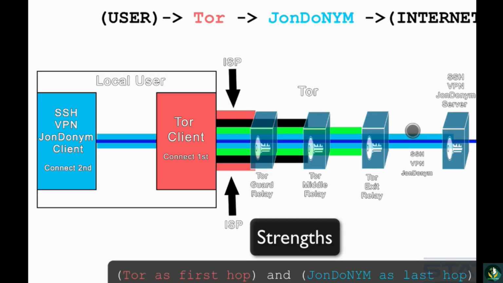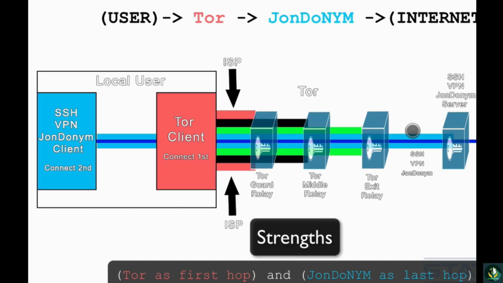So here SSH, VPN is the first hop and Tor is the last hop. Now let's talk about Tor as first hop and SSH, VPN as last hop. But in this system, Tor is blocked from its destination by the SSH, VPN server.